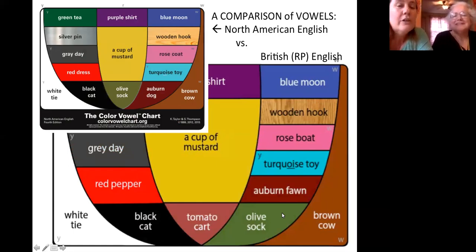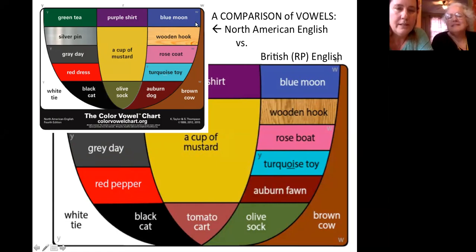Okay. So here's a comparison, and then we'll look at the chart all by itself in a minute. Up in the left corner, you have the original North American chart, and down below, highlighting the part that's different, is the British English prototype chart.